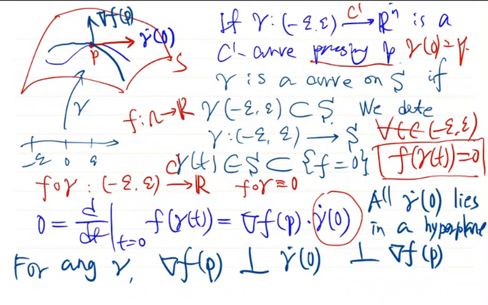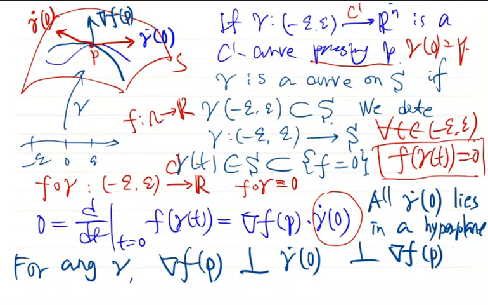Maybe I use another, the tangent vector is here. This tangent vector for another curve is also perpendicular to the gradient of f at that point. This means all the tangent vectors of curves on the surface passing P lie in a plane.